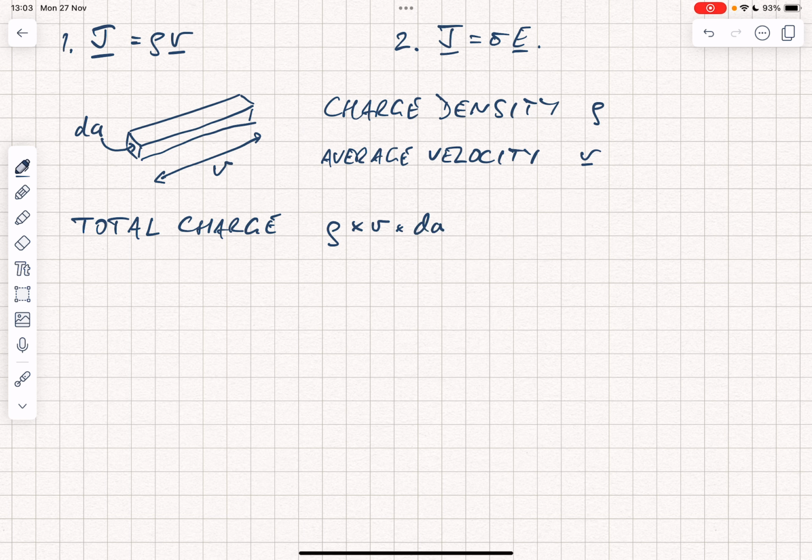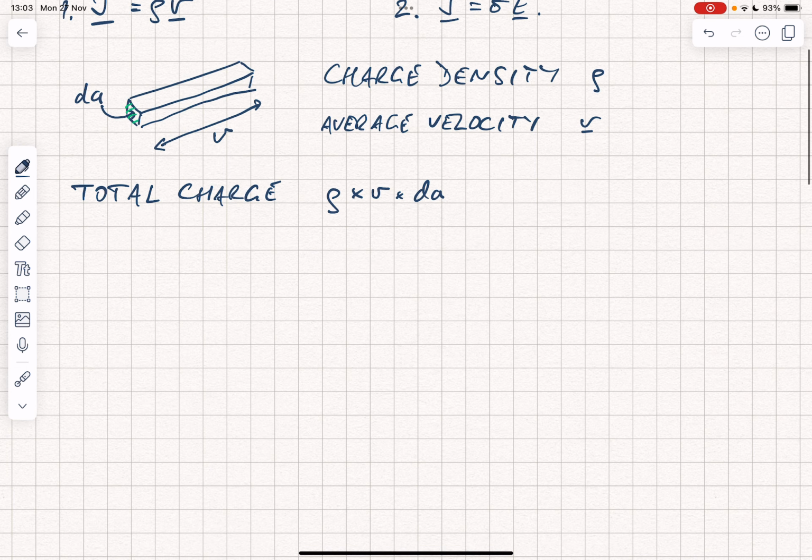Now let's just think about one end of that volume, the end that I've drawn here with the dA on it. The current flow is simply the charge per unit time.